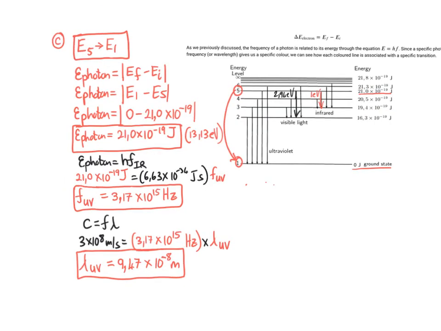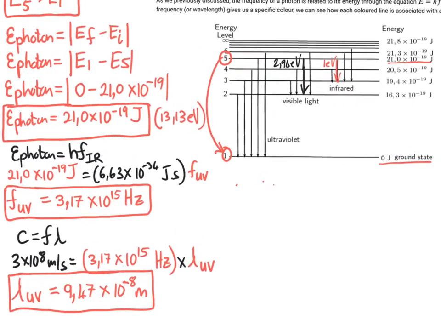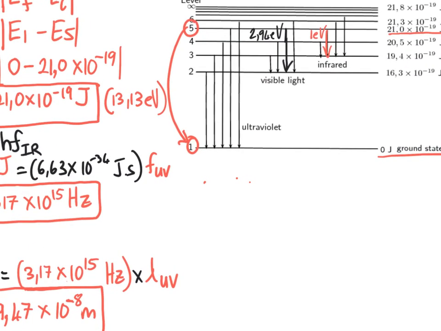So in C, we now look at the transition between energy level 5 and energy level 1. So we're looking at this transition here of an electron falling from there all the way down to the ground state, energy level 1, which we have defined as a 0 joule ground state.